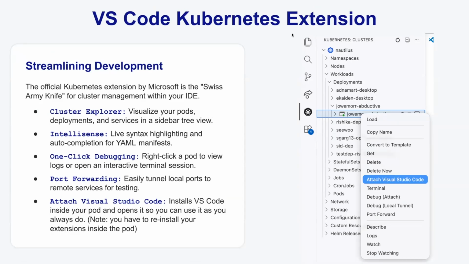So for the VS Code Kubernetes extension, I used to use this a lot. It's very nice. It lets you attach a VS Code session inside your pod, which I think is awesome. And it has good buttons to do kubectl describe and kubectl logs as well.